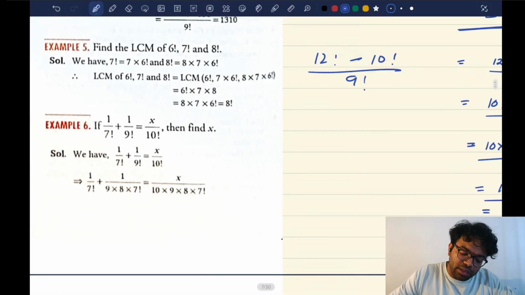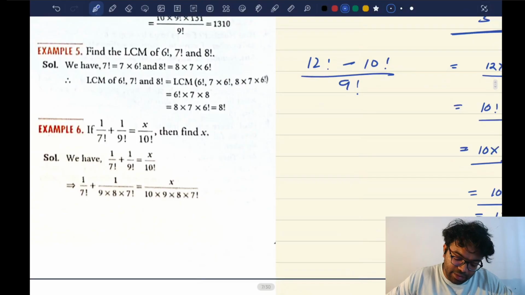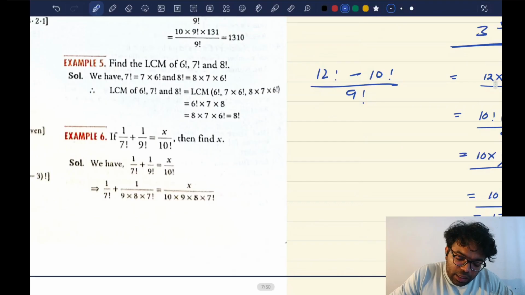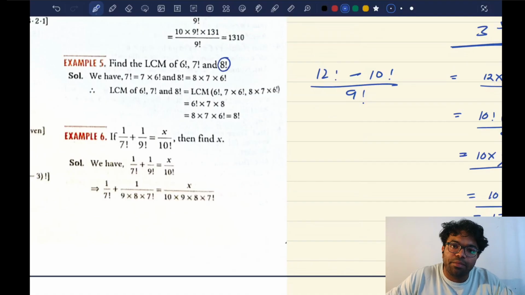Find the LCM of 3 factorial, 7 factorial, and 8 factorial. Okay, we have to find the LCM. How will we do this? See, LCM is the lowest common multiple. The highest number will be the LCM always.